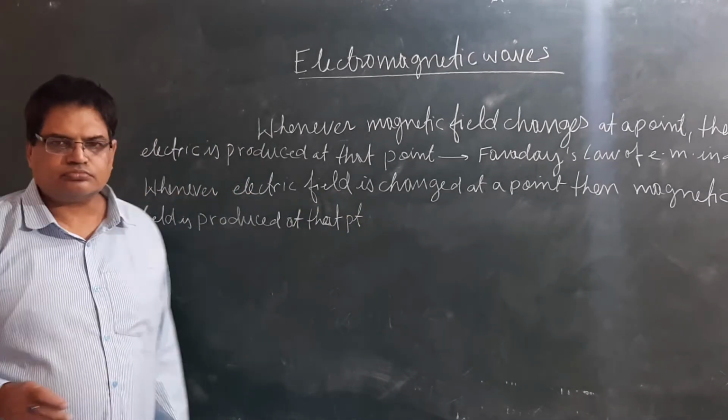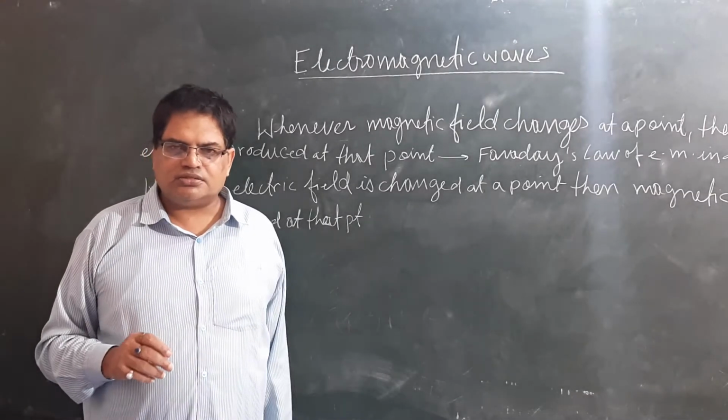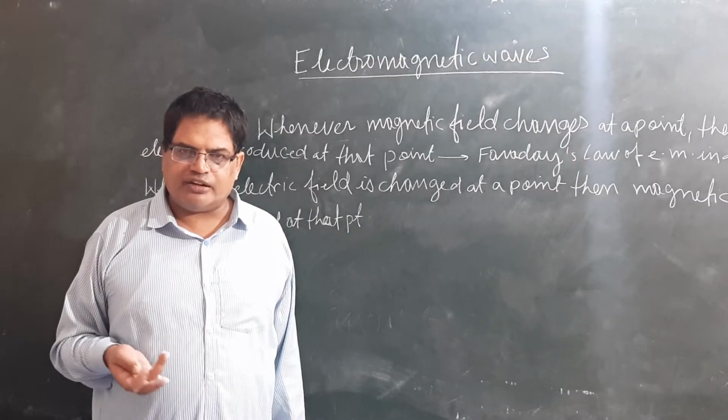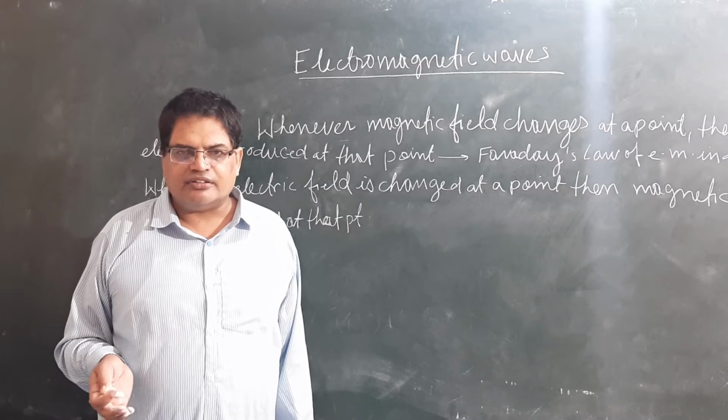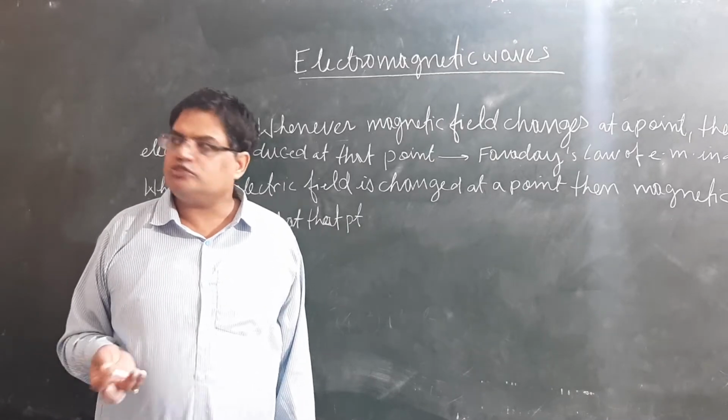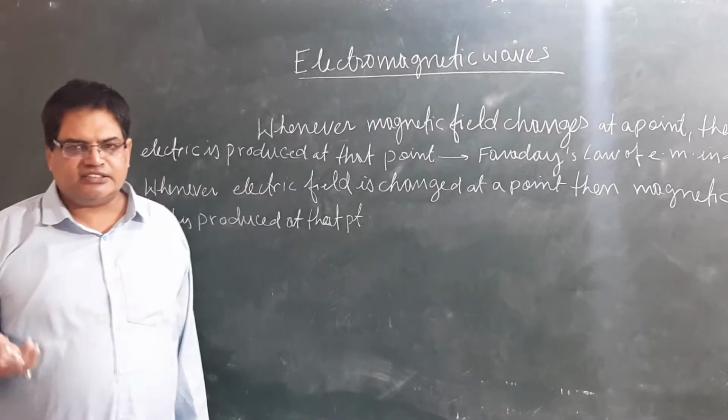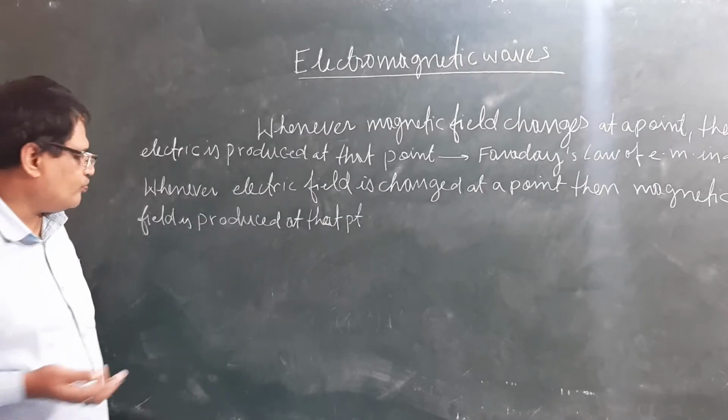Now, that means change of electric field can produce magnetic field and change of magnetic field can produce electric field. So that means both can produce each other if they are changing with time.